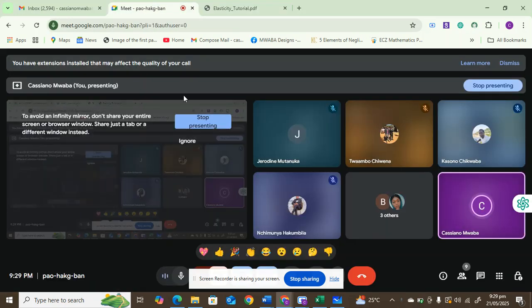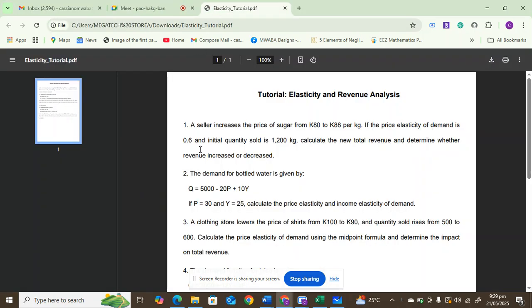So, first things first, colleagues, what is price elasticity of demand, PED? What does that mean?